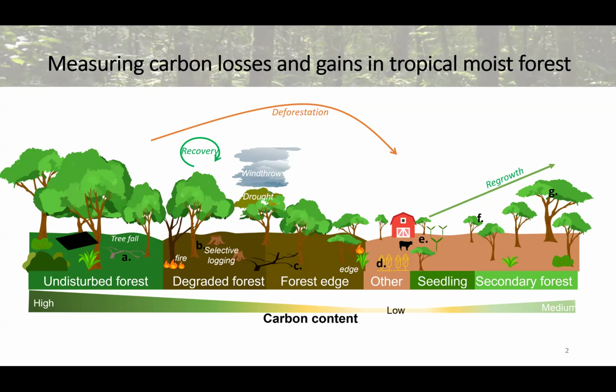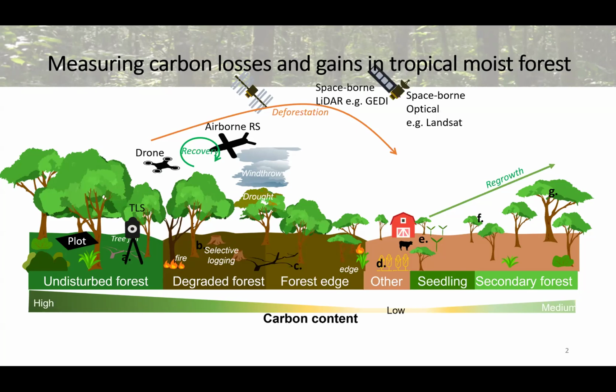And we can monitor and measure these things, for example, using small-scale systems in the undisturbed forests, such as terrestrial laser scanning, plot data, drone data, and increasingly, we can use airborne and space-based remote sensing data to monitor degraded forests and the emissions, first of all in the form of activity data, but also assessing the emissions from these systems.